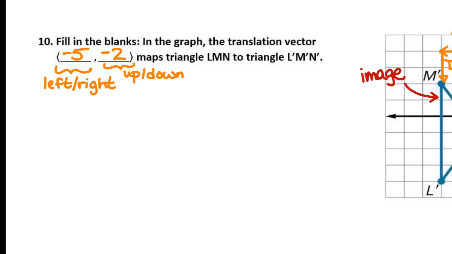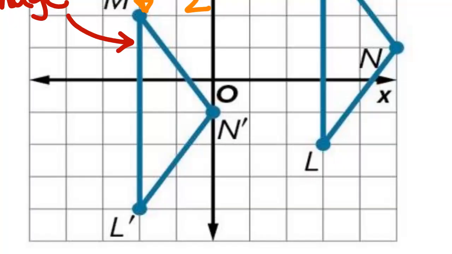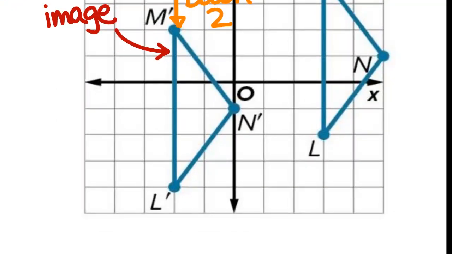And I can check that with these other points too, because remember, it doesn't have to be point M. You can use any pair as long as they have the same letter. So when I look at, like, say, L to L prime, 1, 2, 3, 4, that goes left 5.